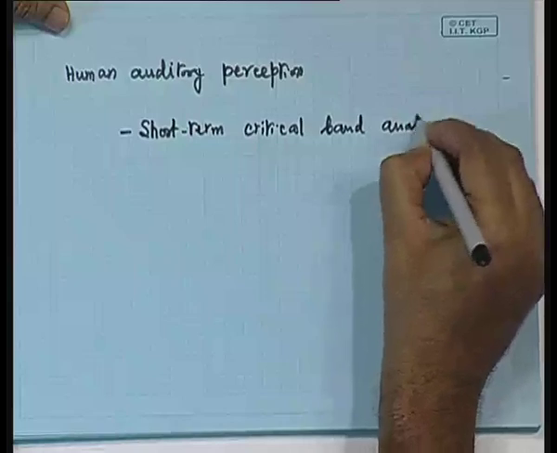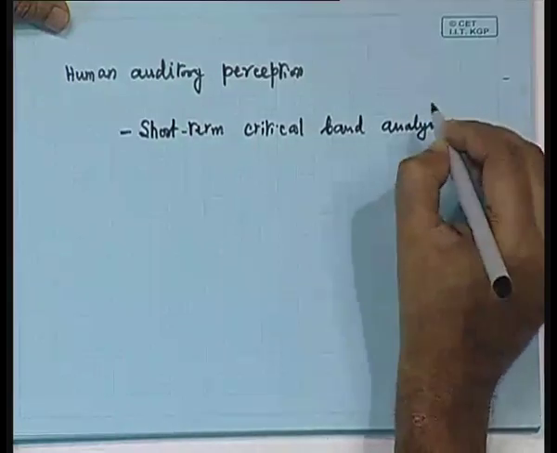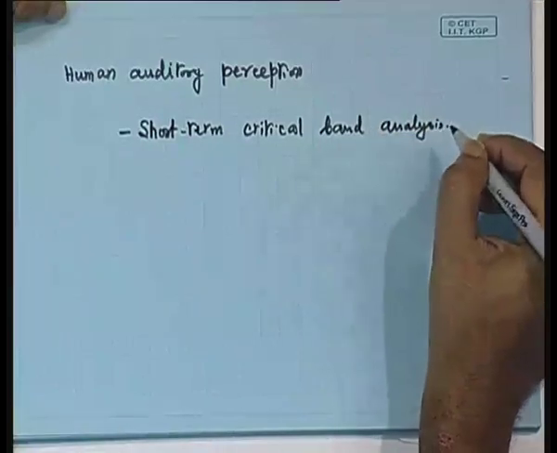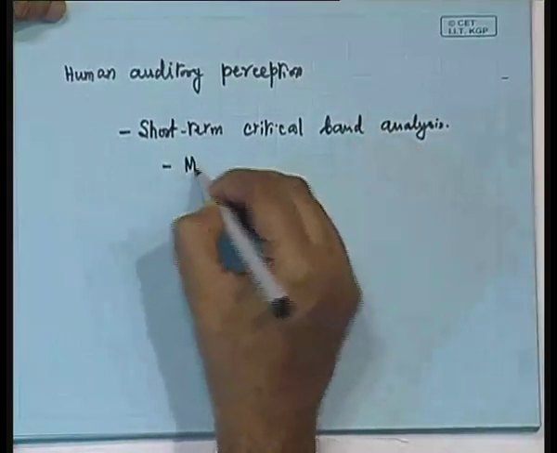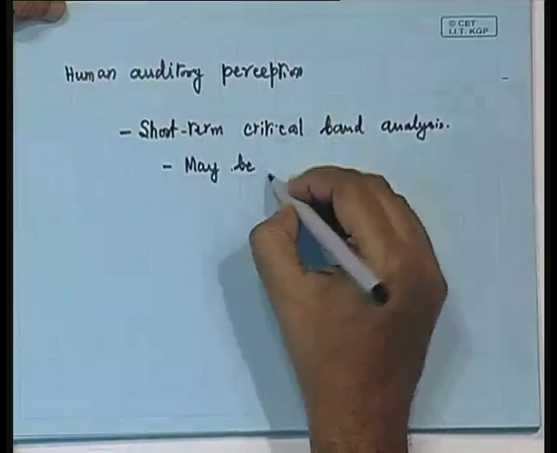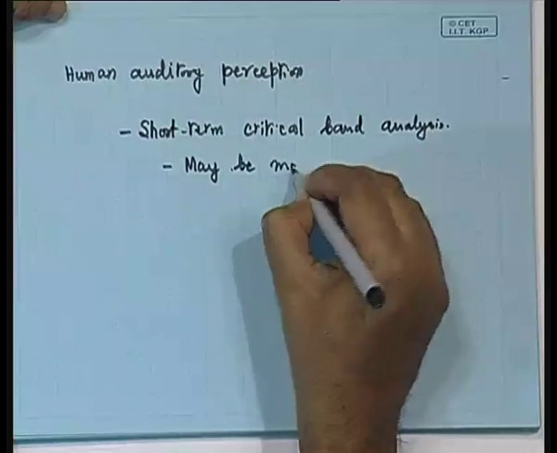What I mean by that is that the human auditory system can be modeled as a bank of band pass filters of overlapping frequencies.